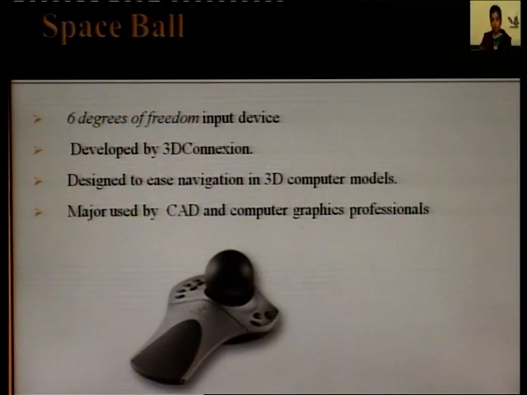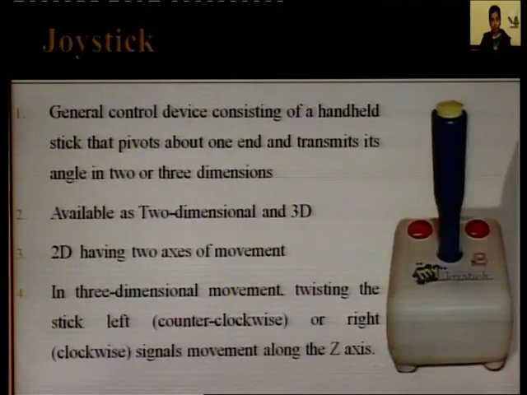Okay. So the spaceball is basically used by CAD operators and professional computer graphics designers. Next is the joystick. Normally we have already operated one in video games. So you are very well aware of the joystick.